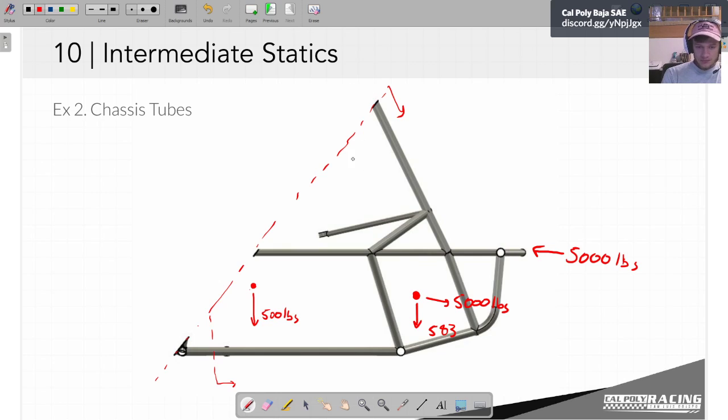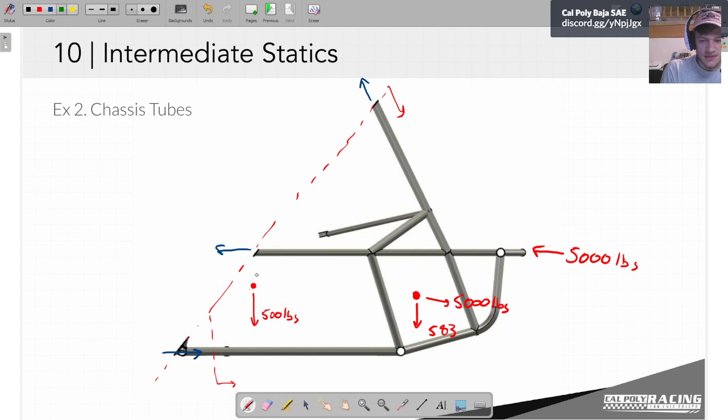So because I'm assuming these are two force members, that means that I now have to have one reaction here, one reaction there, and another reaction going that way. So in order to be a good free body diagram, we need some, what are these called? Coordinate system.